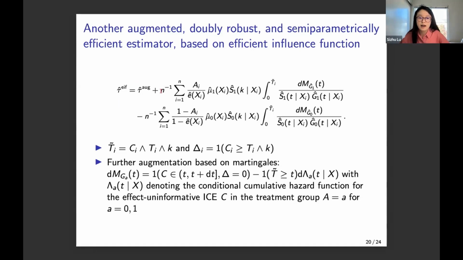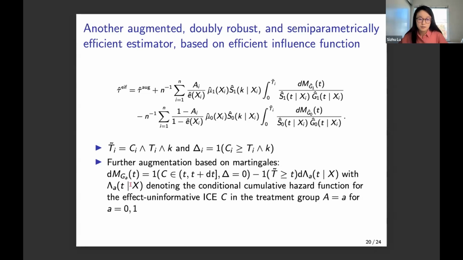So we are augmenting the previous estimator, the estimator that is not robust to misspecification of G, further based on the martingales generated by G. This G is just the martingale of this C process.